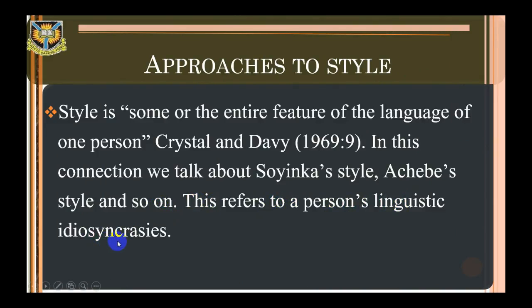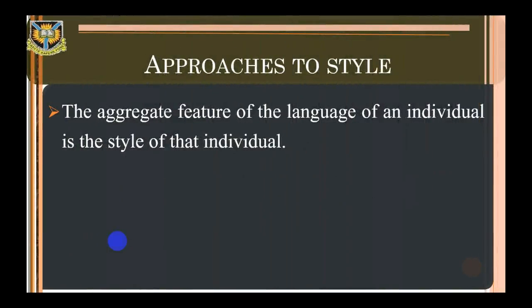This refers to a person's linguistic idiosyncrasies. Tip: the aggregate feature of the language of an individual is the style of that individual.